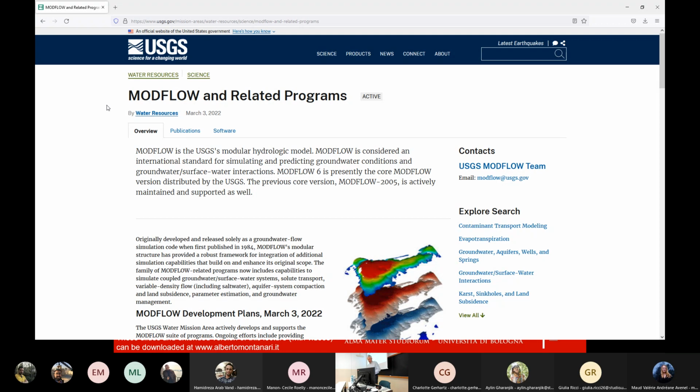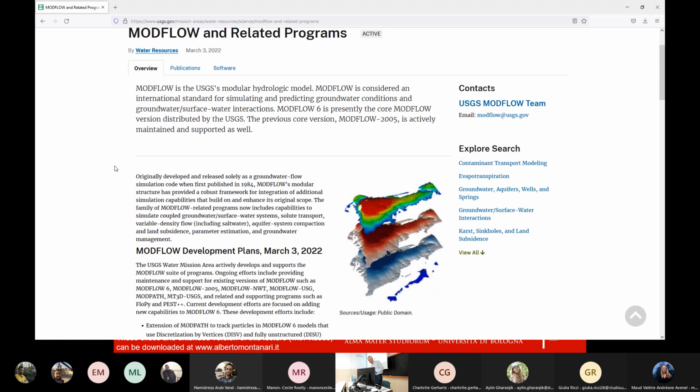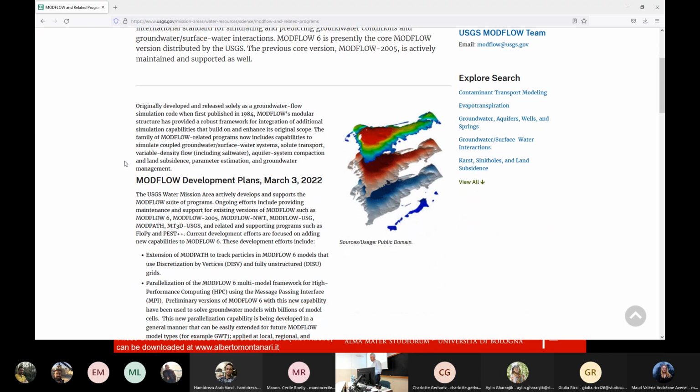It is a bit tough, but you see that the output is also nice, and this is not commercial. There are some interfaces that are commercial, but the package itself is not, and there are several interfaces that are free. And it is widely used by water boards all over the world. The purpose is precisely to estimate the sustainability of groundwater exploitation.